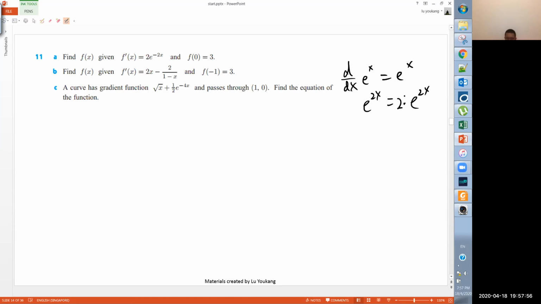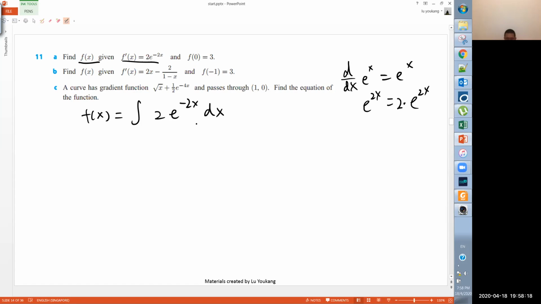Okay, this is the differentiation of exponential function. So let's take a look at this question together. So you are asked to find the graph function given your gradient function. So you need to integrate your gradient function.